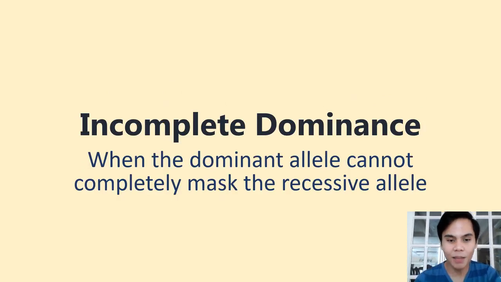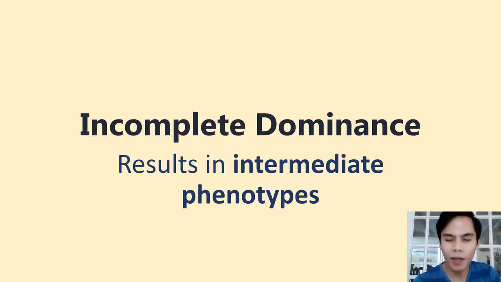Now what happens to them is that we have incomplete dominance. Again, when the dominant allele can't completely mask the recessive allele, the dominant trait and the recessive trait are going to blend with each other. Again, they're going to mix with each other. And so we get what we call intermediate phenotypes, or what we call blends.